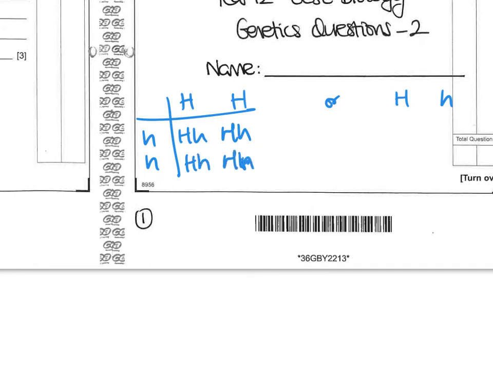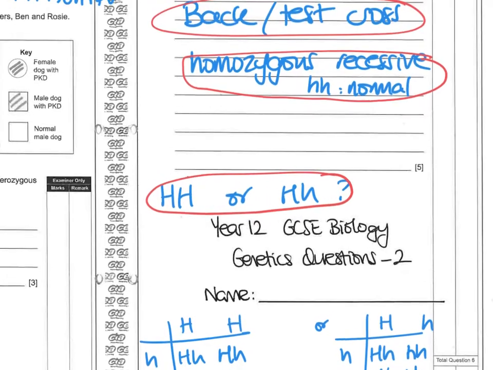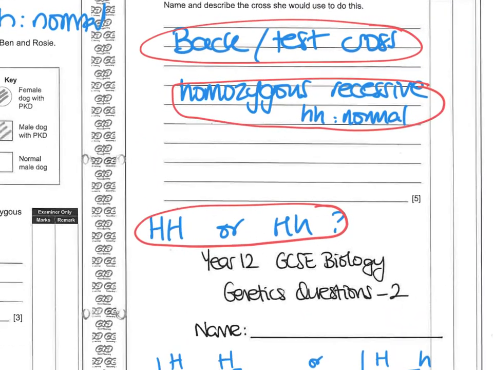If Willow is big H big H, all the offspring are going to have PKD. If Willow is big H, small h, half are going to be normal and half are going to have PKD. So far, we have 3 marks.